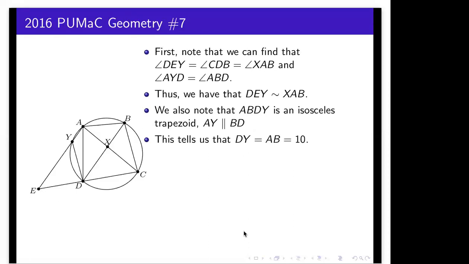So we want to somehow bring it closer to the lengths that we're given. So how do we go about doing that? In particular, we have that DEY is similar to XAB.